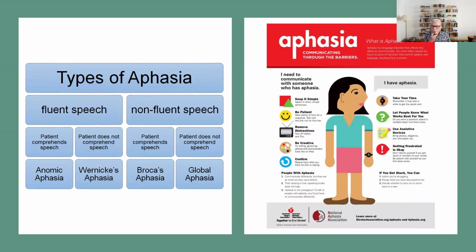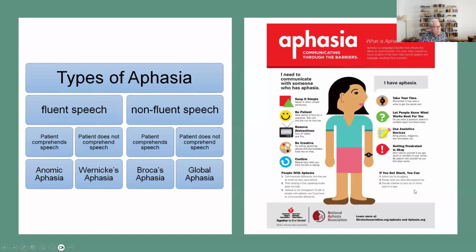Whenever we have a global aphasia, this is a severe deficit, and there's going to be little or no ability to speak, to understand speech, to read, or to write. So in anomic aphasia, there's just a mild struggle. Global aphasia is the type wherein you're going to have no or little ability to speak or to understand speech.